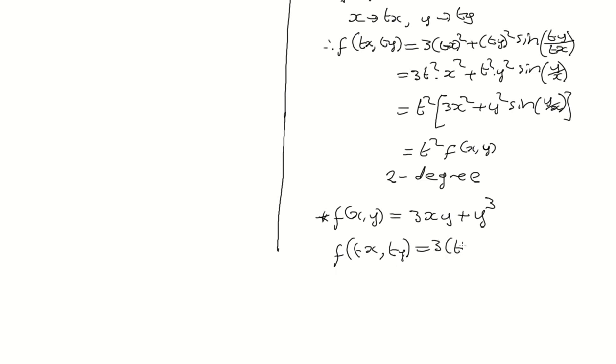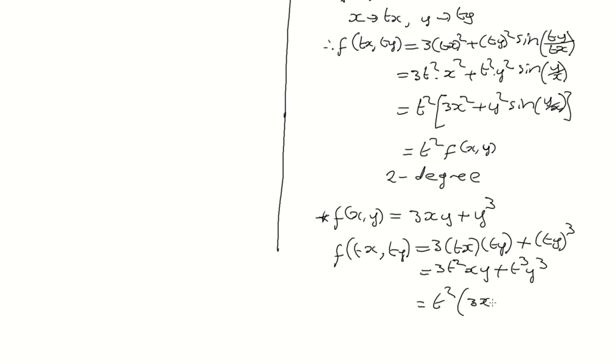So when there is x, we put tx; when there is y, we put ty, plus ty cubed. So this will be 3 t squared xy plus t cubed y cubed. Taking t squared outside, we are left with a t here, y cubed.